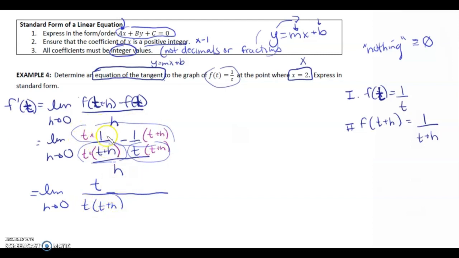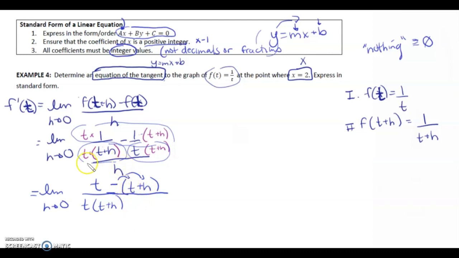Because I know that these two denominators are going to be the same, I am going to make this fraction symbol a little bit longer, and put this entire numerator over t bracket t plus h. So I already have t, and then we're going to have minus 1 times t plus h, in brackets. It's important that you put this in brackets because in the next step, we are going to distribute that negative sign into the bracket.